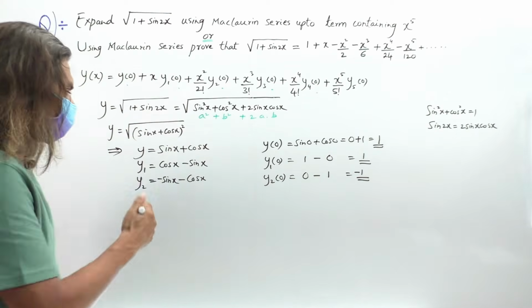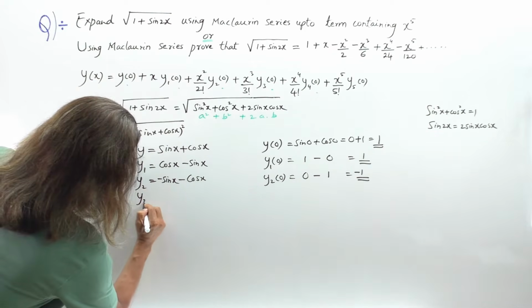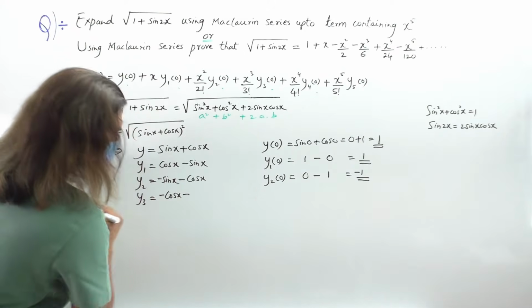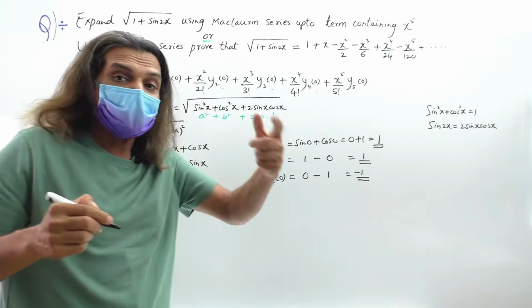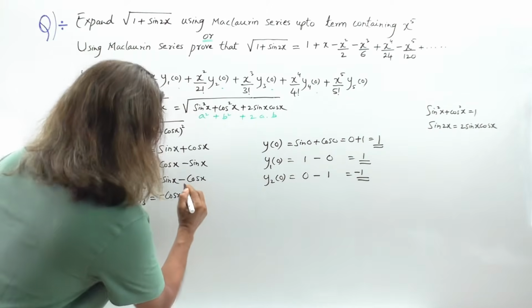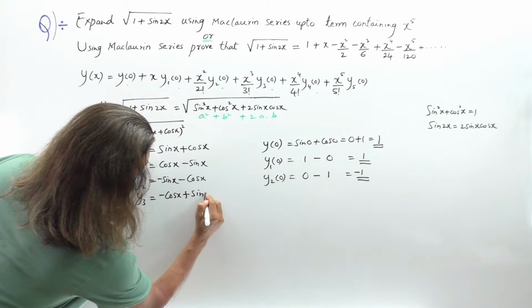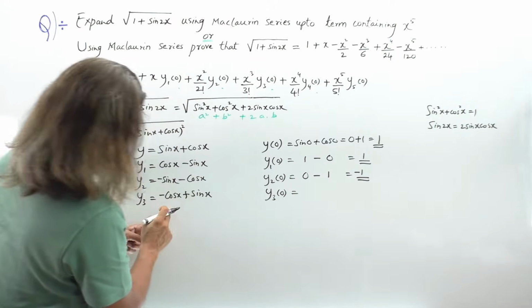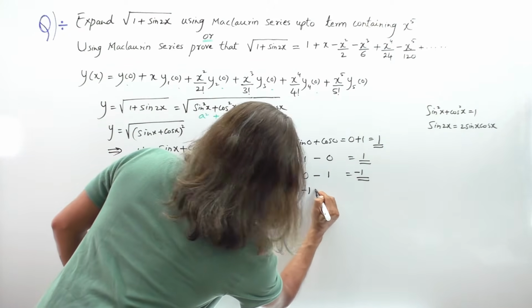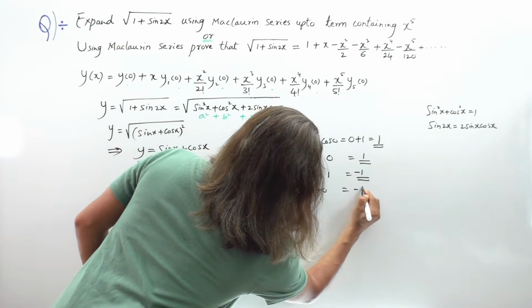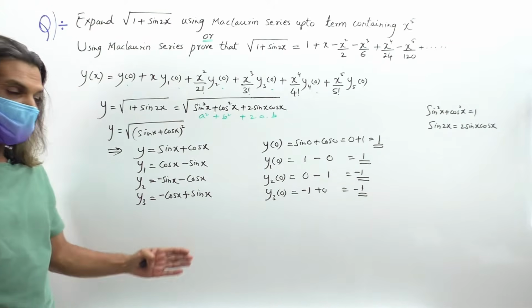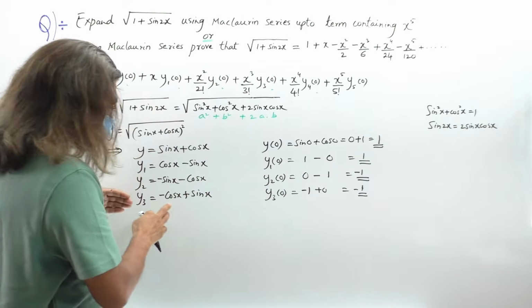Then the next differential y3 is equal to, sin x gives cos x, so minus cos x, minus the differentiation of cos x which is minus sin x, so minus into minus becomes plus, so plus sin x. So, we have y3 of 0 is equal to minus cos 0 which is 1 plus 0, that is again minus 1. Very good.